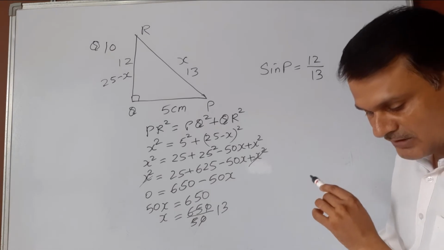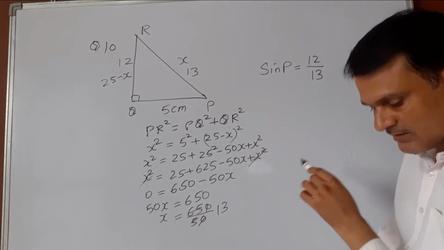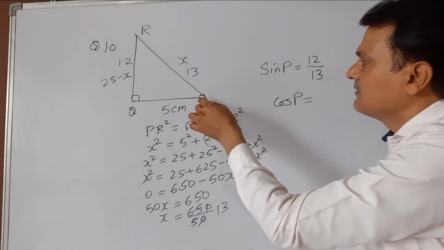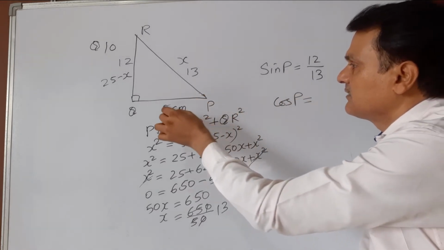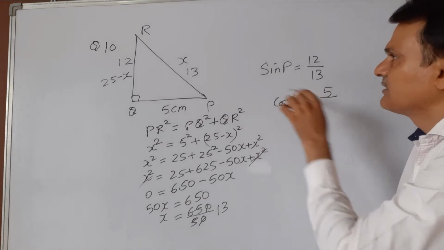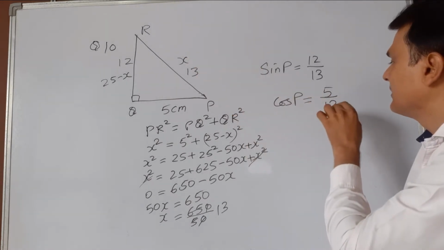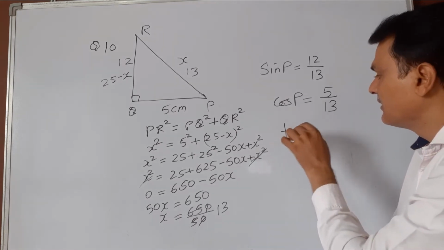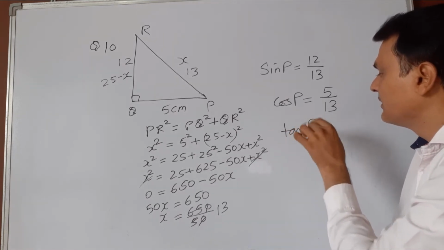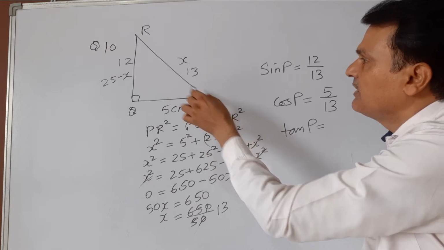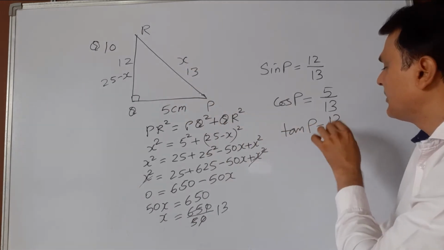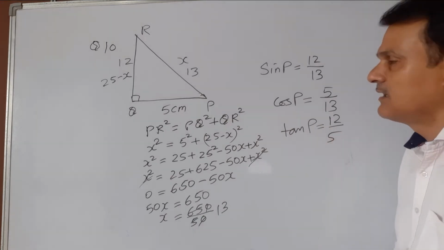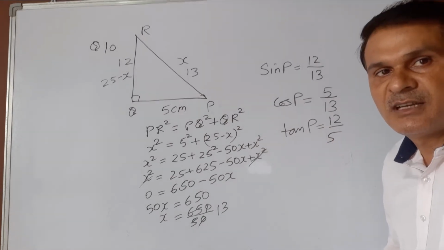Next, cos P equals side adjacent to P, that is 5, upon hypotenuse, that is 13. And we also have to find tan P. So tan P equals side opposite to P, which is 12, upon side adjacent to P, that is 5. This is the answer of question number 10.